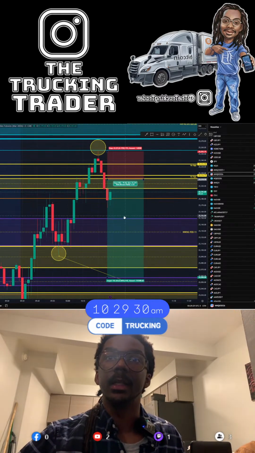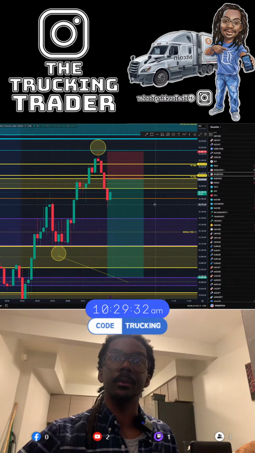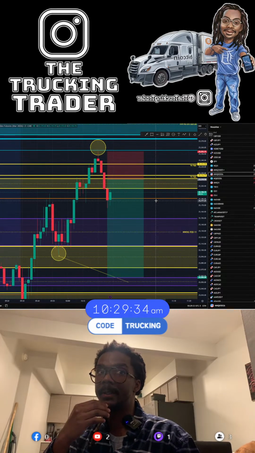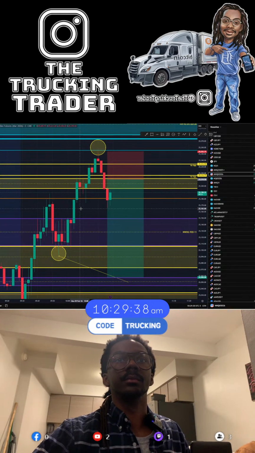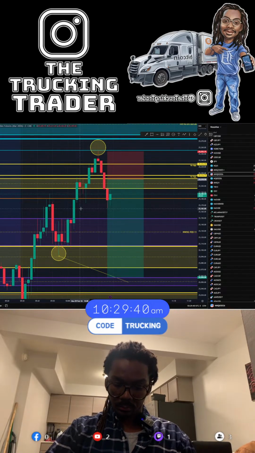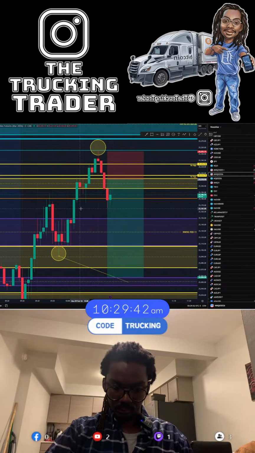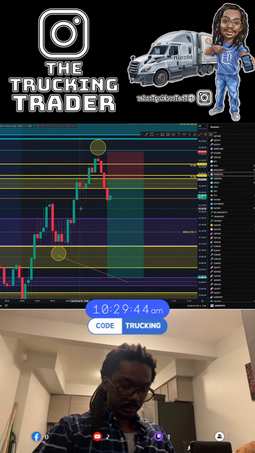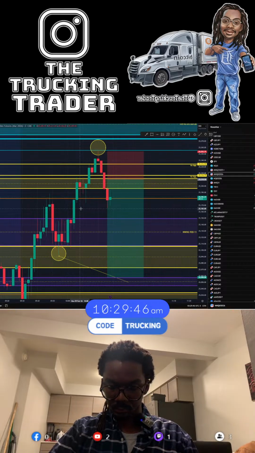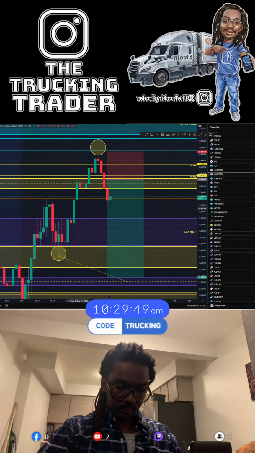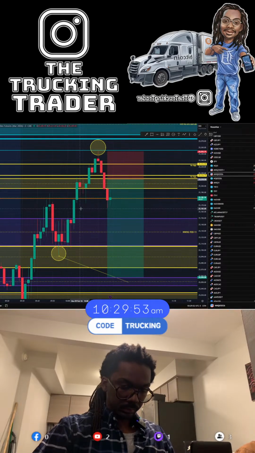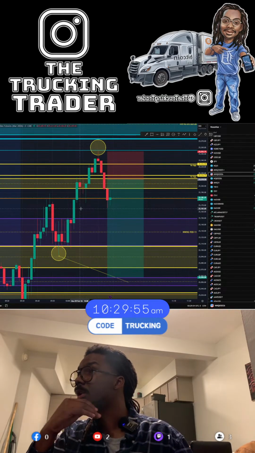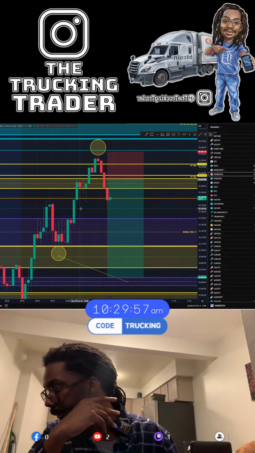And then this is a 1 to 3.5 risk to reward ratio. So let's see what's going to happen. Just want a little bit more of a pullback right there.